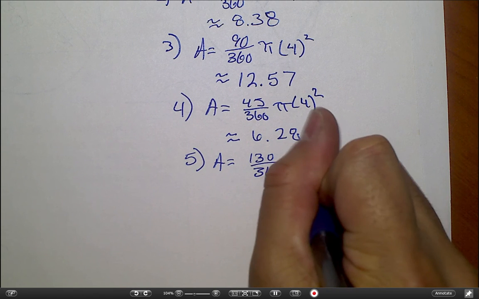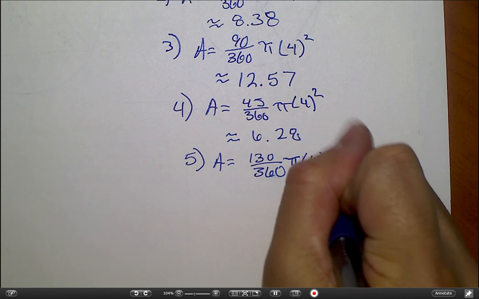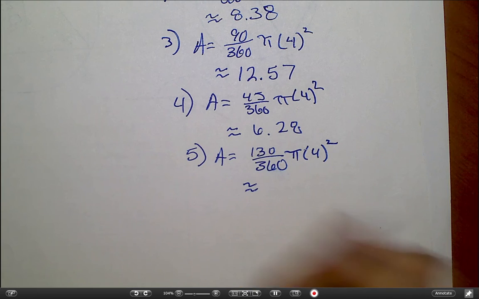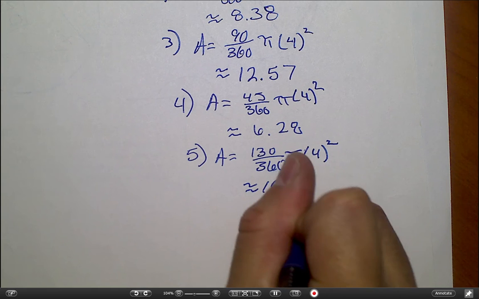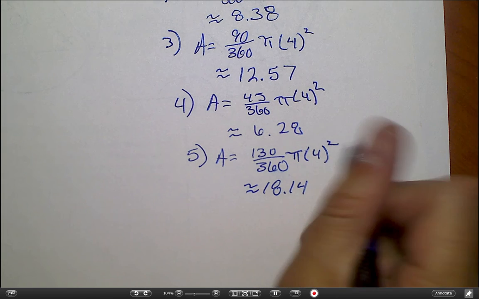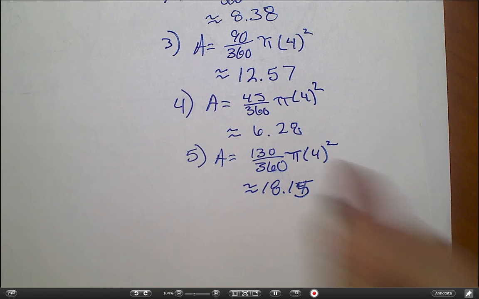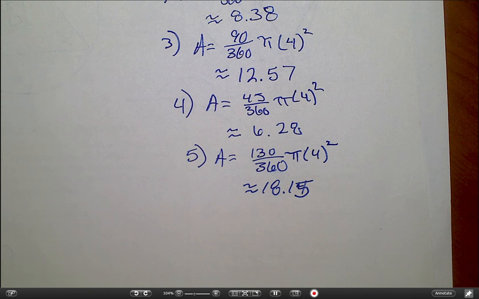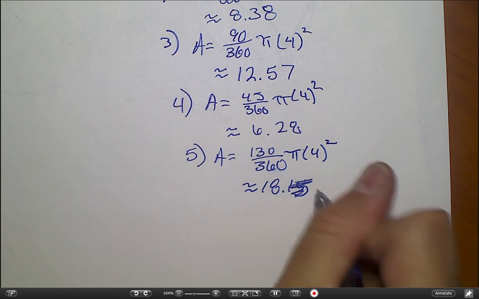Good job. Pi, and my radius is 4 squared. So this is going to be about 18.14. 18.14 or 18.15? You did pi. It's supposed to be 3.14. It's 18.14. Wait, what is the answer?